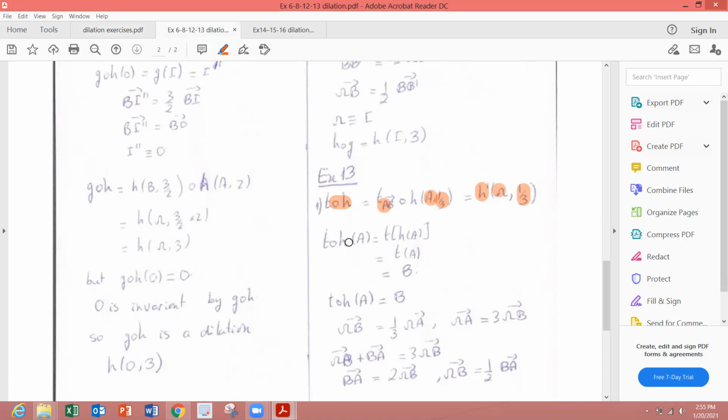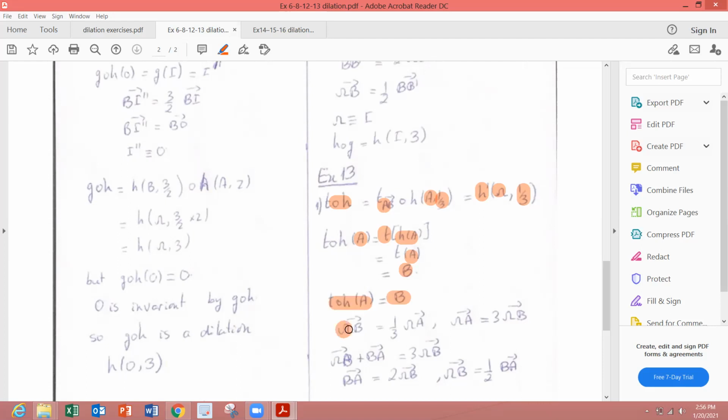So I take T round H of A. I started with A because A is invariant by H. So T round H of A equals the translation of H of A, which is the translation of A, and by definition, the translation of A equals B. So T round H of A is B.